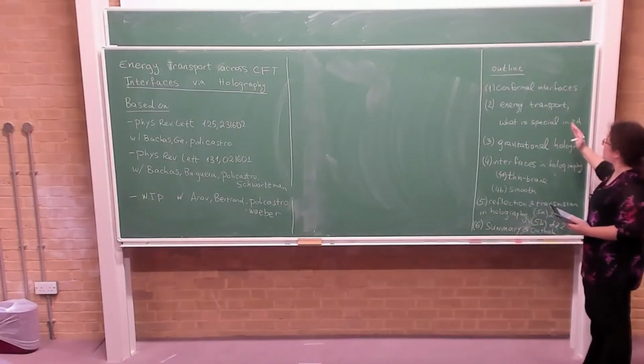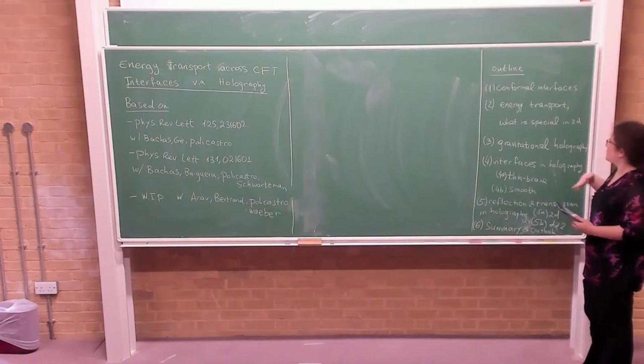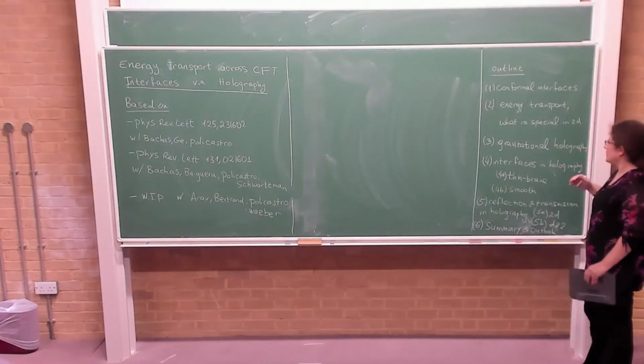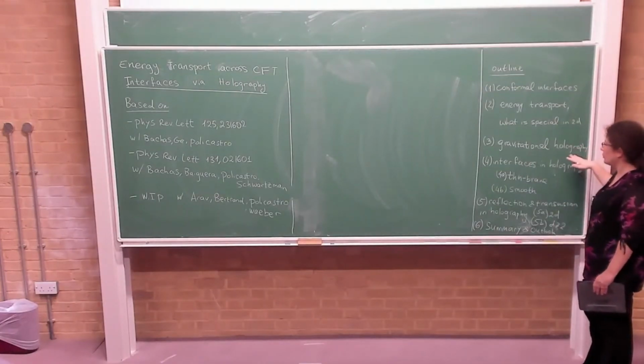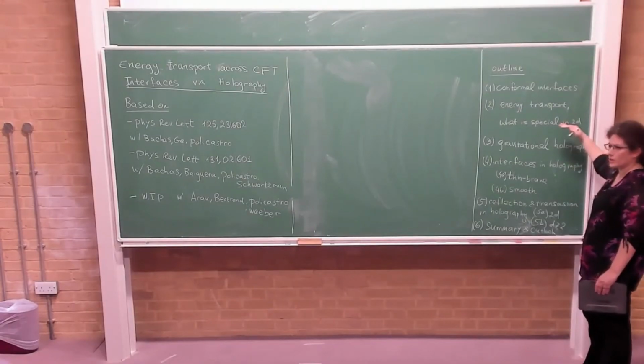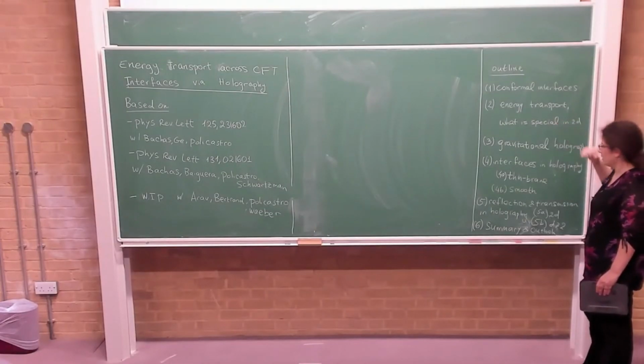So I'm going to start with a little bit of introduction about conformal interfaces. I will then present the problem of energy transport in conformal interfaces, and I will explain what is special about it in 2 dimensions. I will then have a very brief introduction to what gravitational holography is and how it can try and help us answer this question when the theory is strongly coupled.